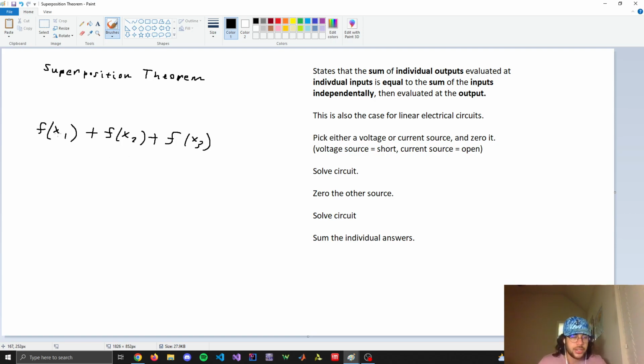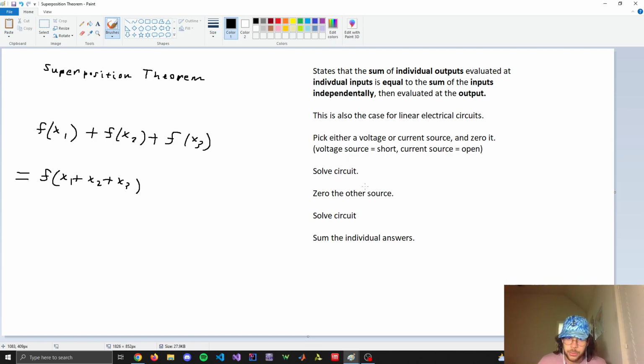Well, you could either do it like this, where you evaluate each input individually and then sum them up, or in a linear system, you could sum each input first, and then evaluate it at your function. So the superposition principle states that these two quantities have to be equal to each other. You can do it either way.